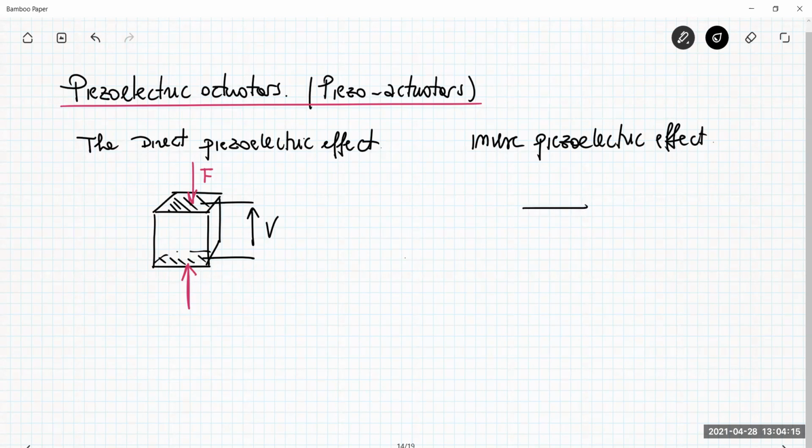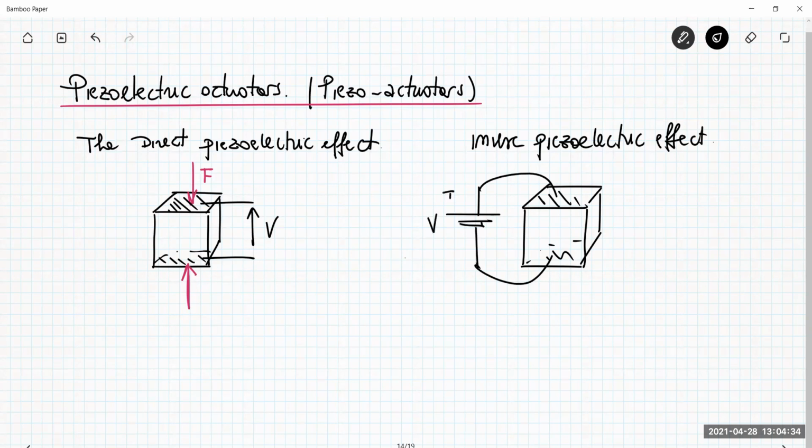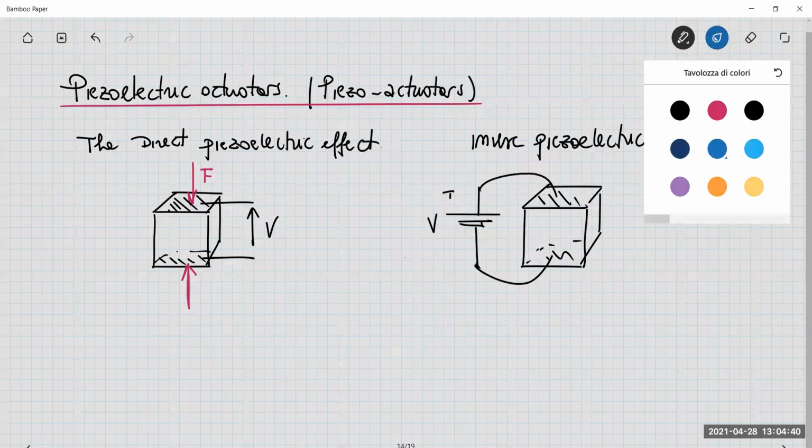So let me exemplify with the same quartz. Suppose that I have two plates here. Then I have a voltage. This voltage applied here induces a specific electric field in this material, and then it happens that I have a deformation.